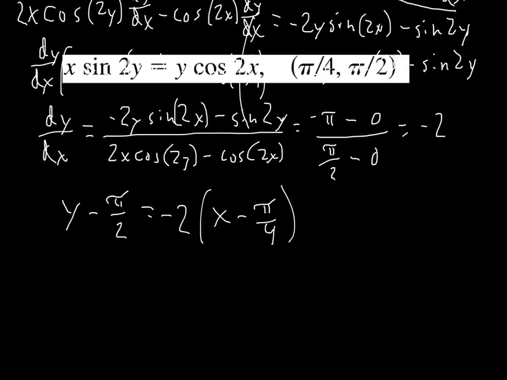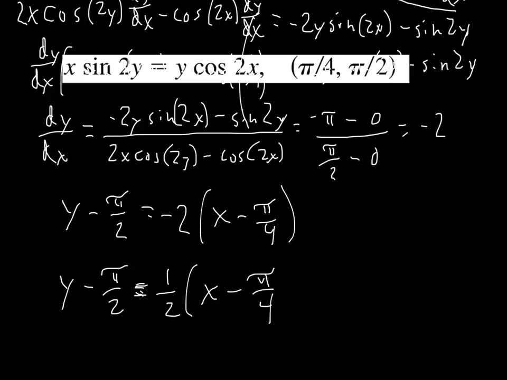My normal line would be y minus pi over 2 equals the opposite reciprocal of negative 2, which is positive 1/2, times x minus pi over 4. Okay, so you can distribute and solve for y if you want to. I'm just going to leave it like that though.